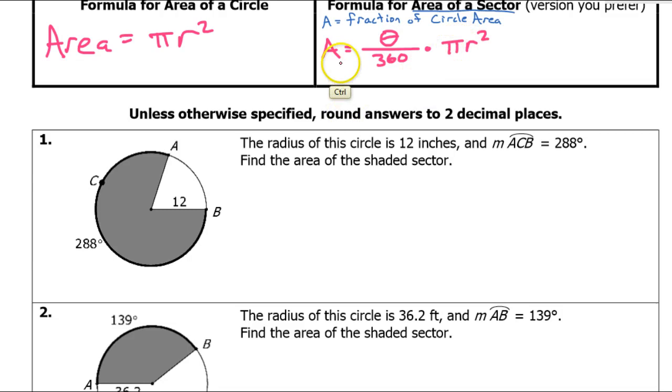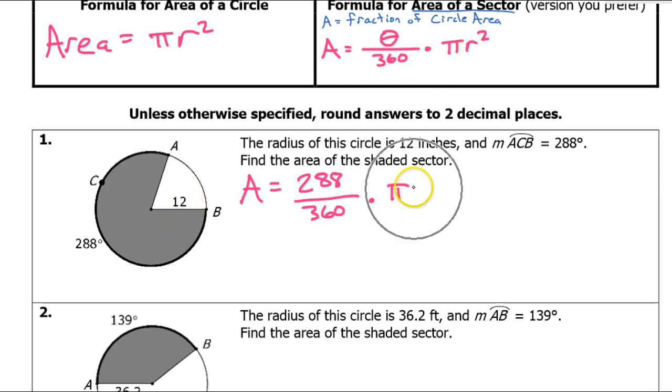We're supposed to find the area of the sector, which we'll call A. Now, theta is 288 degrees, so that'll be 288 over 360 times pi r squared. So that's pi, the radius is 12, so that's pi 12 squared.